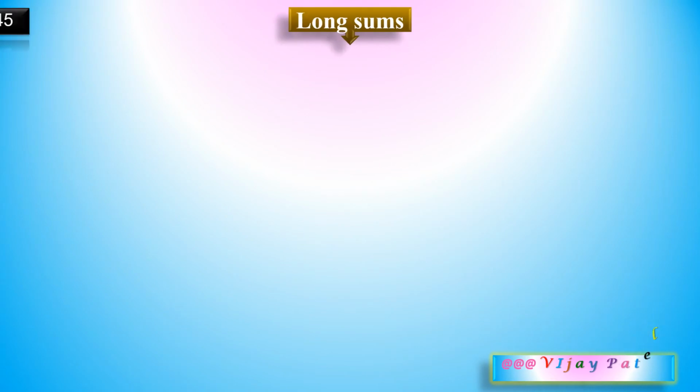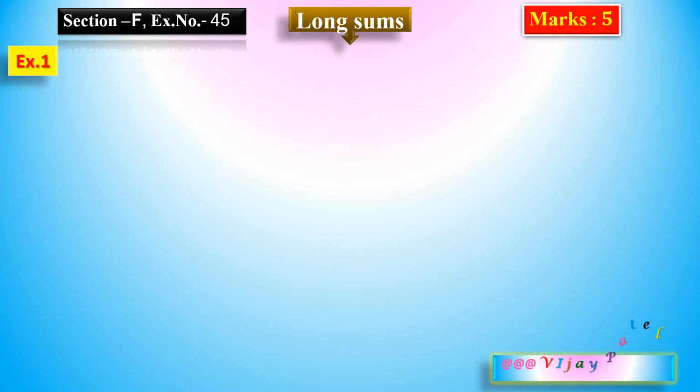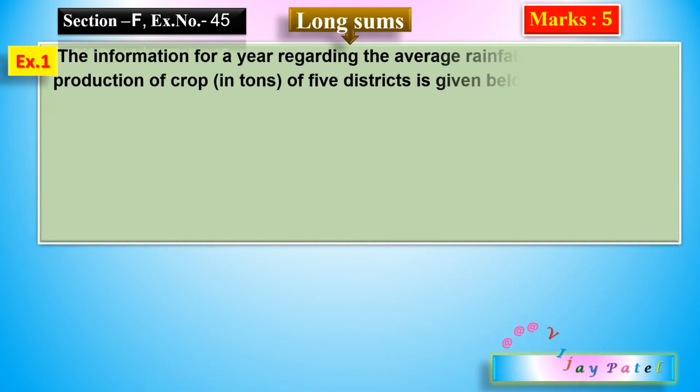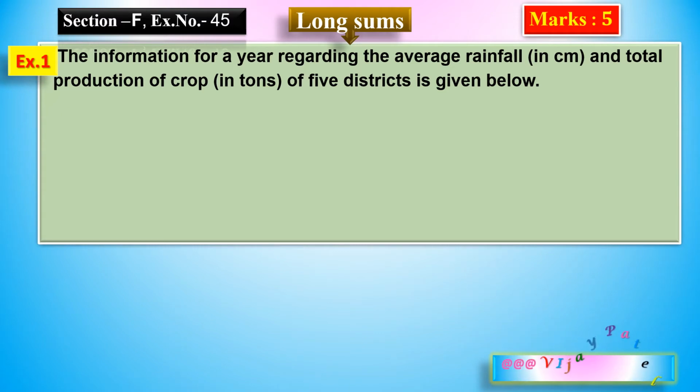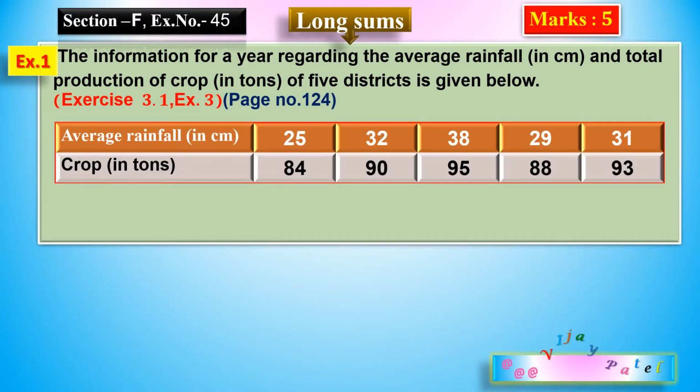Let's do long sums. It is asked in section F. Example number 45. Marks weightage is 5. Example number 1. The information for a year regarding the average rainfall in centimeter and total production of crop in tons of 5 districts is given below. Exercise 3.1, example number 3, page number 124.